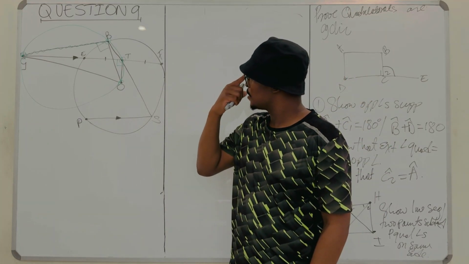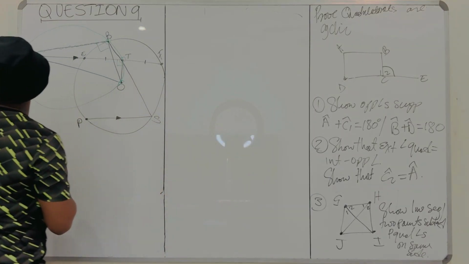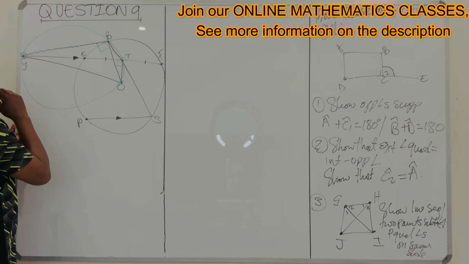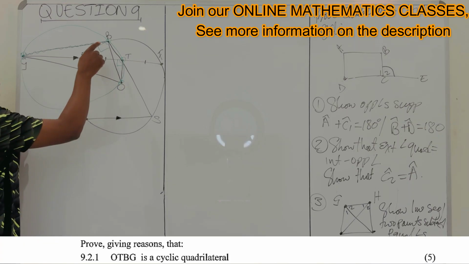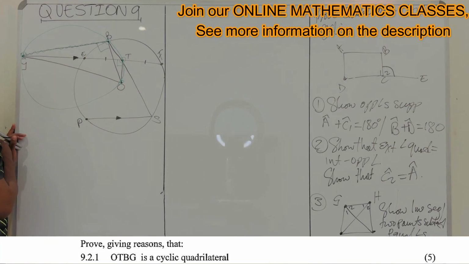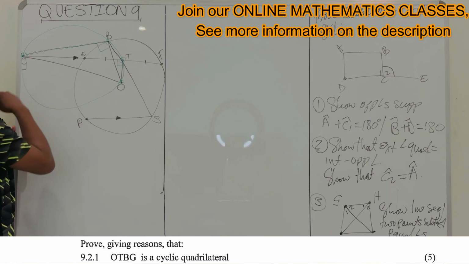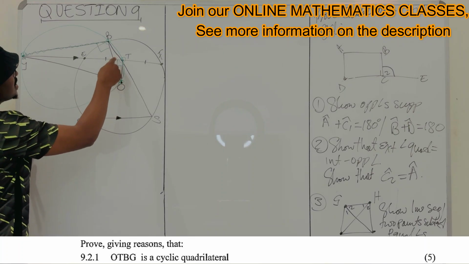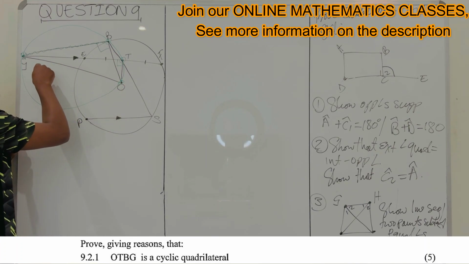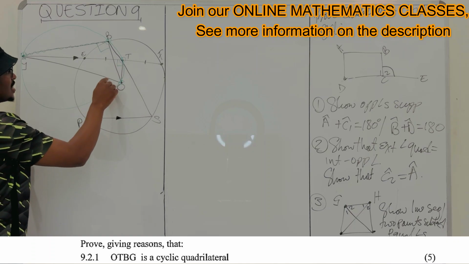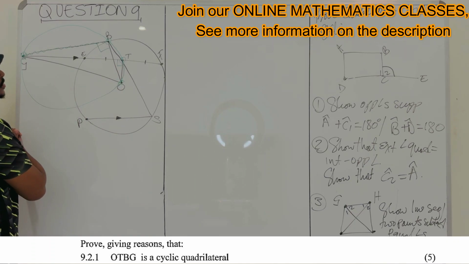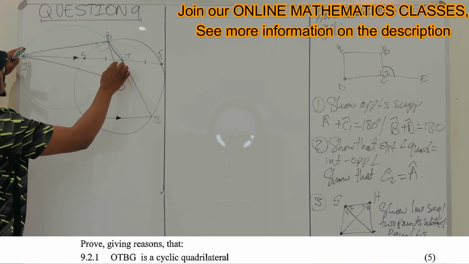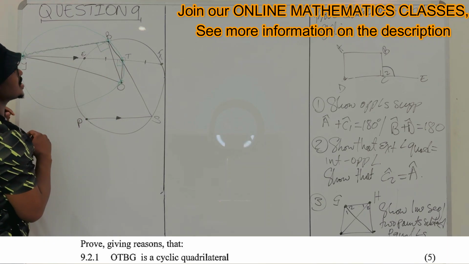So in this case, if you're saying to me that OTBG is a cyclic quadrilateral, you can show that the opposite angles are supplementary: this entire angle here and that entire angle make 180 degrees, or this angle here and this angle here make 180 degrees.